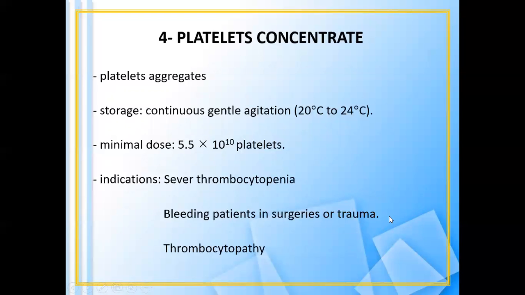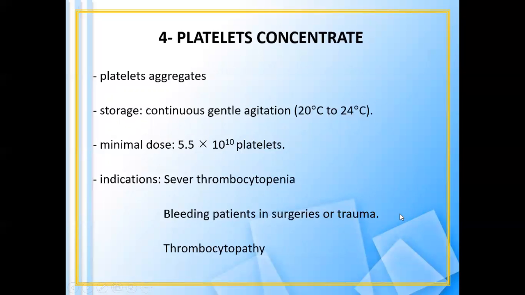When we separate the platelet concentrate, we have to put these cells in one bag and put them on an instrument that we call an agitated incubator at 20 to 24 degrees centigrade, continuously agitated. We can concentrate the platelets in this bag up to 5.5 times 10 to the 10 platelets in one bag and give it to a patient.